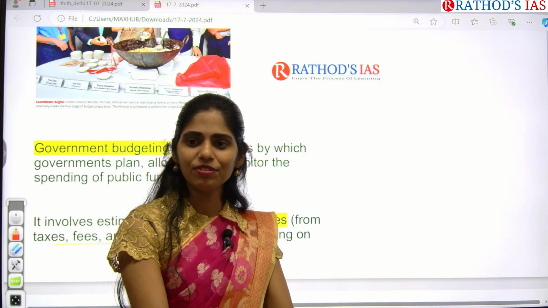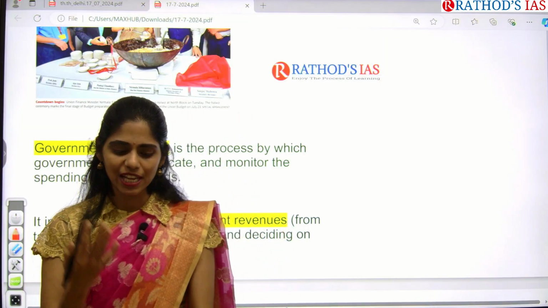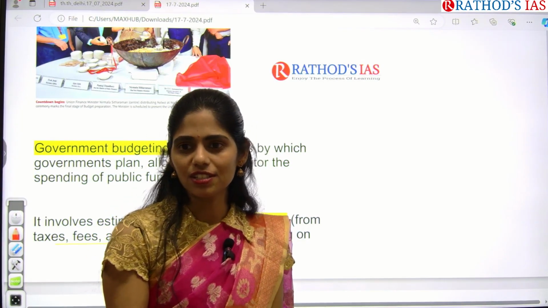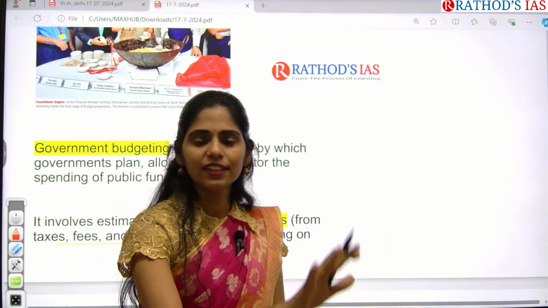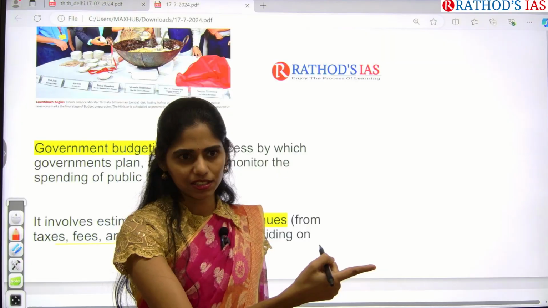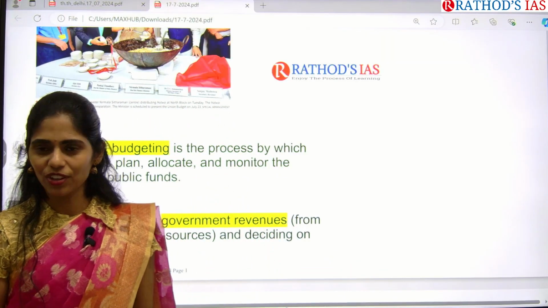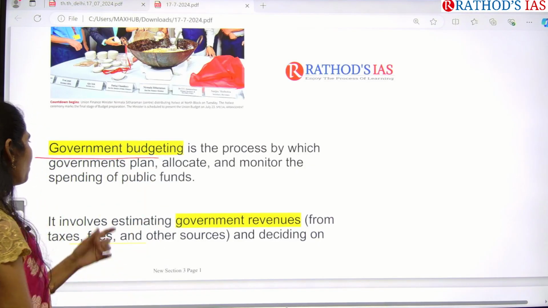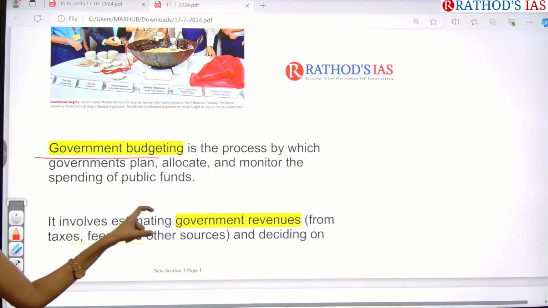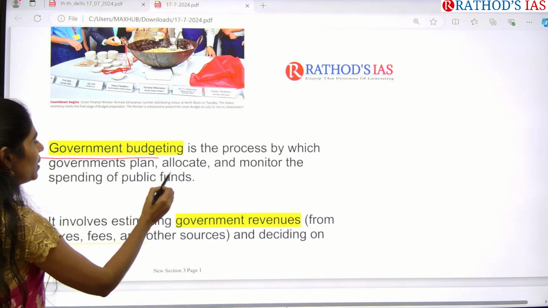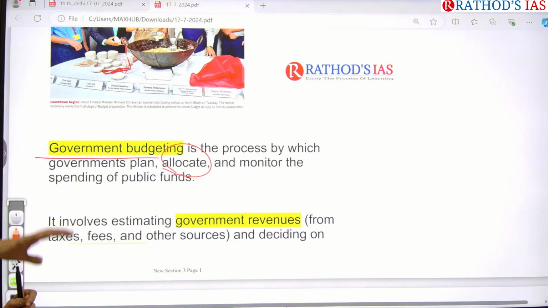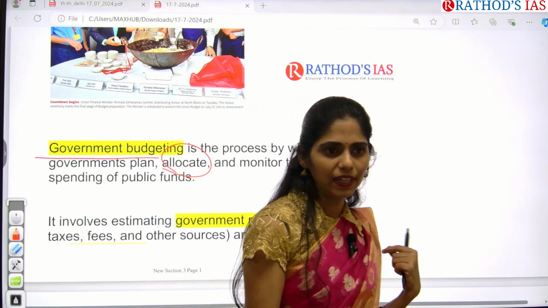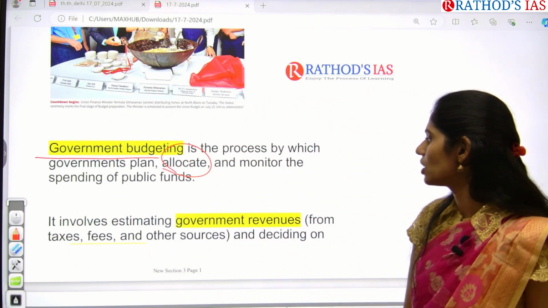Non-planned means, for example, if any disaster happens, unfortunately an earthquake, landslide, or floods, there they have to spend, and that comes under non-planned expenditure. Clear? No doubts, right? Okay, so government budgeting is a process by which our government plans how much to allocate, how to monitor public funds, and where to spend everything.